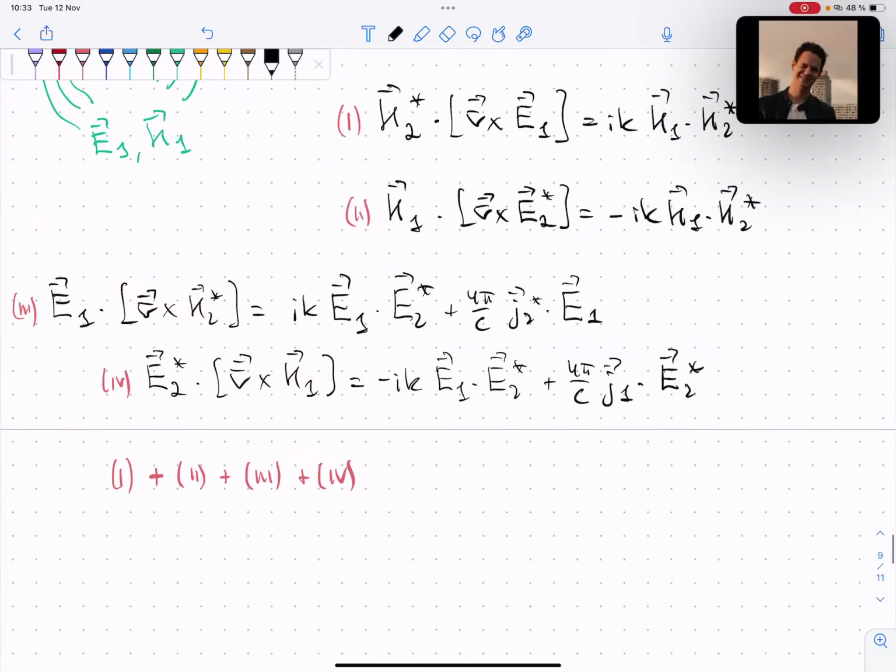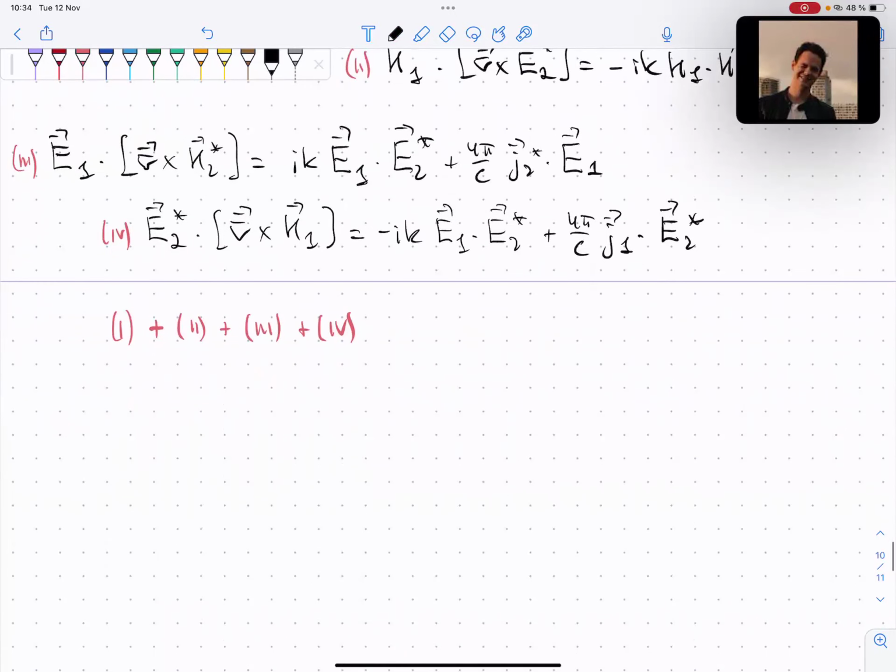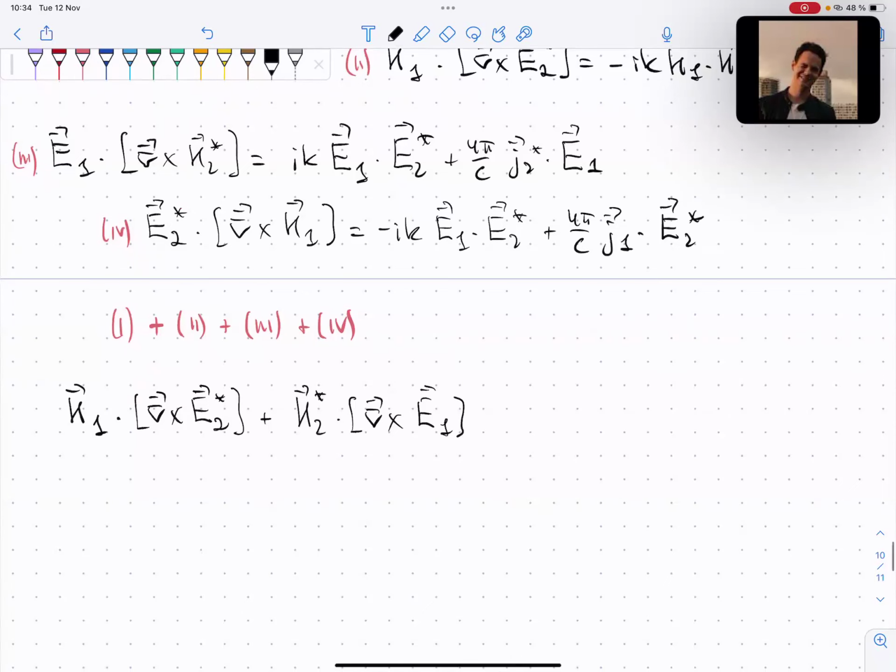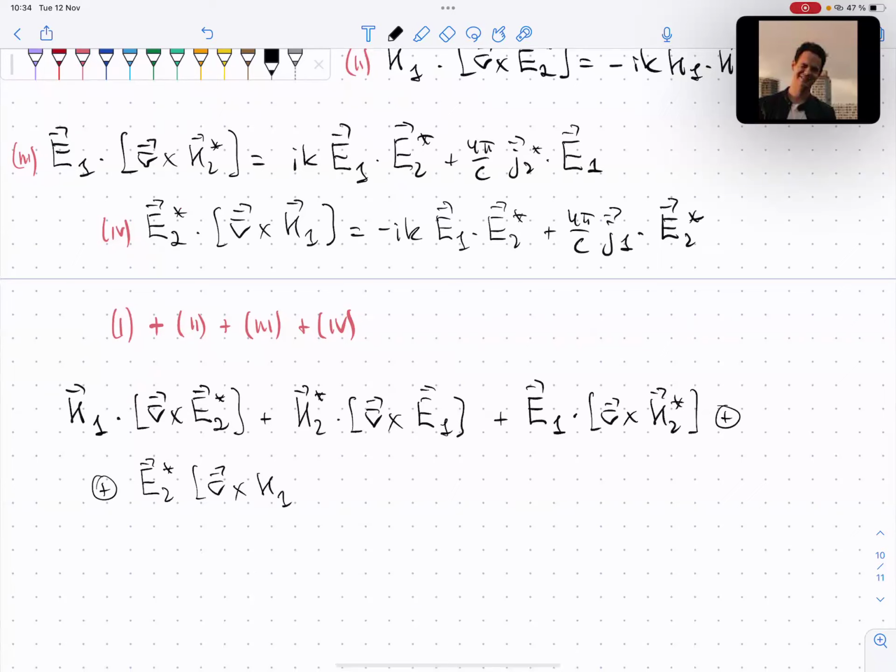So what we have here: H1 times curl of E2 conjugated plus H2 conjugated times curl of E1, plus E1 times curl of H2 conjugated plus E2 conjugated times curl of H1.